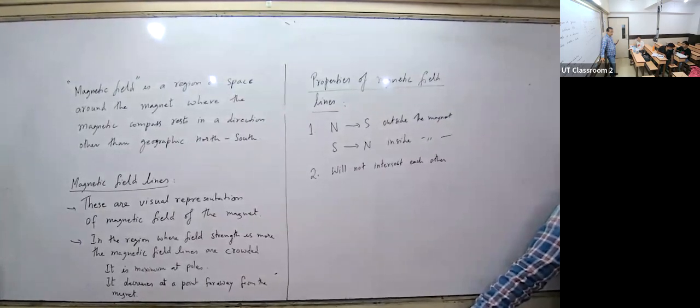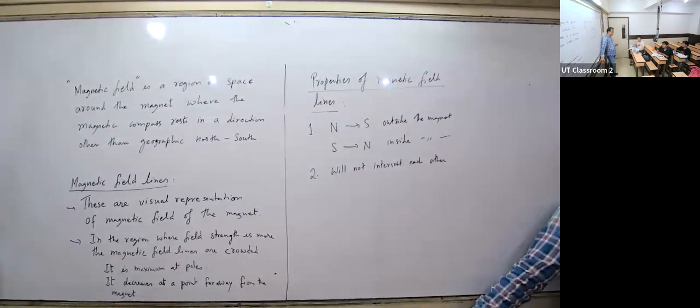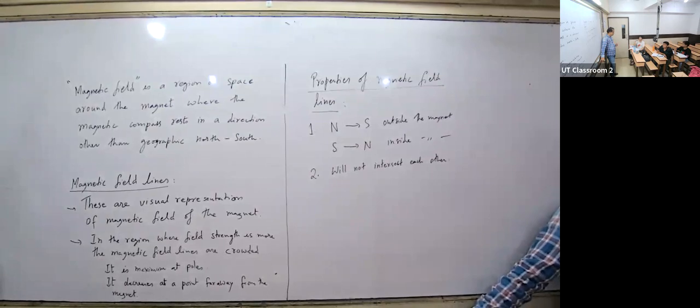See, you have to understand, that's one part. You have to also be able to articulate or write in the sheet. Just understanding will not help. So, what is the direction of magnetic field? Towards the poles of the magnet.